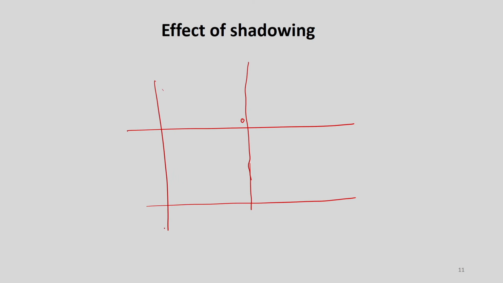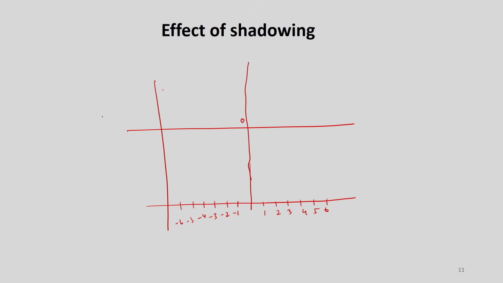If we draw this IV characteristics, maybe I can take this plot and draw here. Maybe 0 here, and we will have 1, 2, 3, 4, 5, 6, and this is minus 1, minus 2, minus 3, minus 4, minus 5, minus 6.